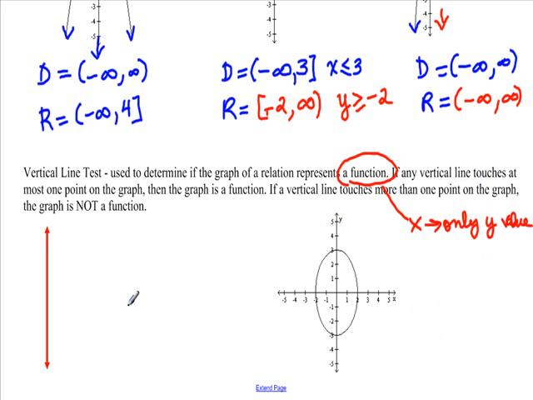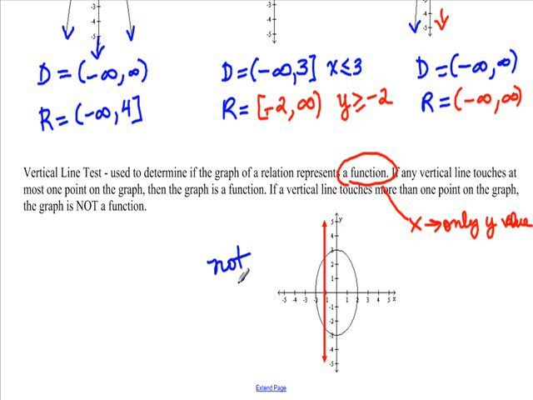So you can run a vertical line across your graph, and if you find a place where it hits more than one point, which we do in this particular graph of this ellipse, then we know that this is not a function. Now, what about the ones that we did up above?